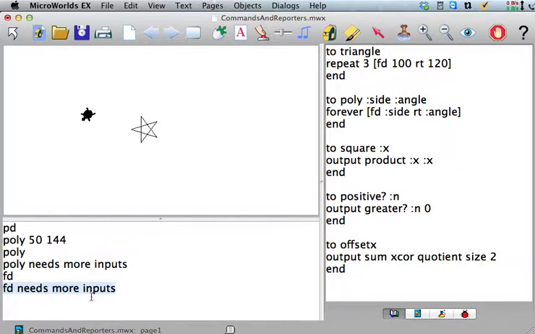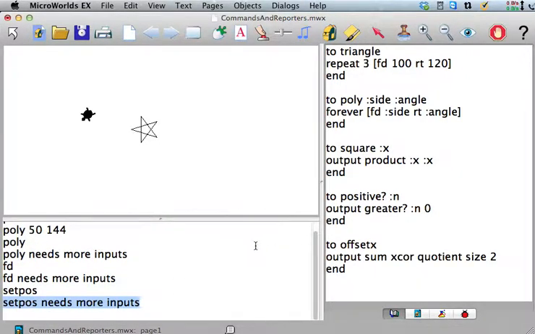Just like some commands need inputs, or set pause, that needs a list, just like some of the primitive commands need inputs, you can write your own procedures that need inputs. So this is a procedure that needs two inputs.